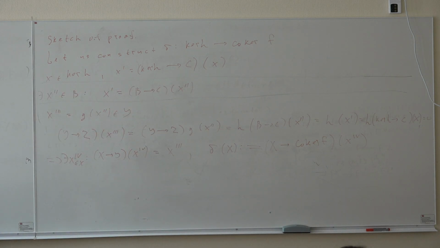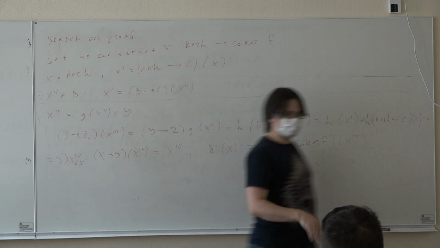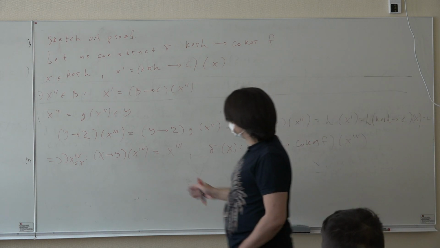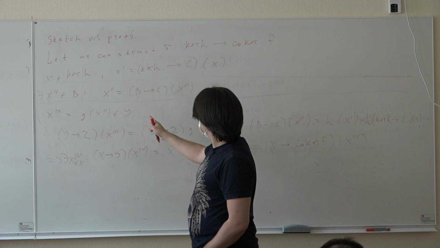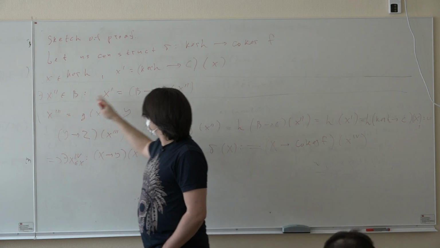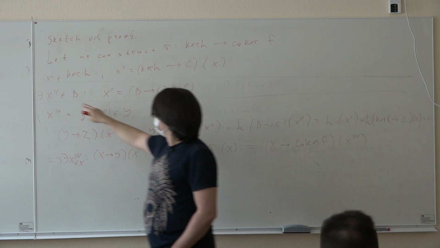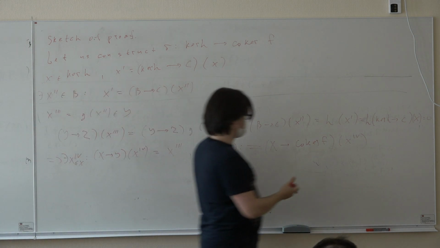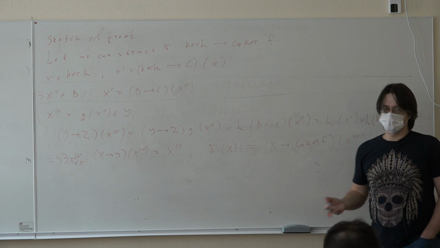Now we want to prove that delta doesn't depend on the choice of anything. Here we made two choices. We have chosen x4 and we have chosen x2 prime. Theoretically delta of x can depend on them, but it doesn't.